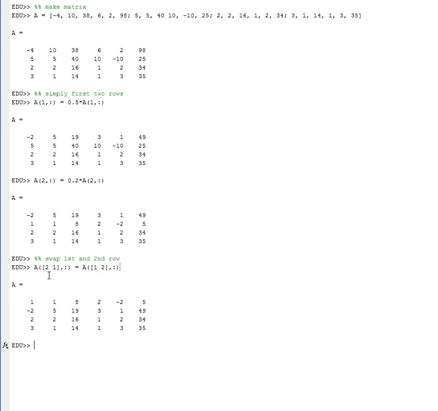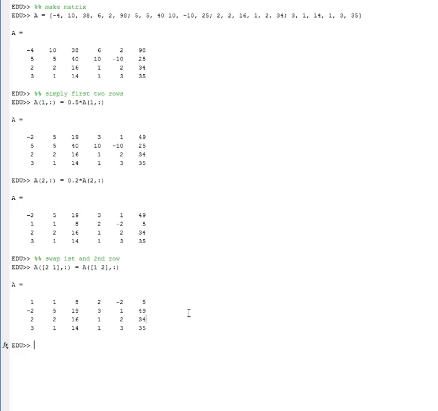Matlab here has another command that will do the job. This is saying basically interchange the first and second arrays and change all the entries in that row. Alright, so number 1 row has become number 2 row, and number 2 row has become number 1 row.